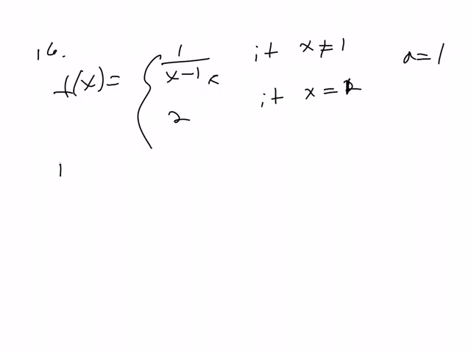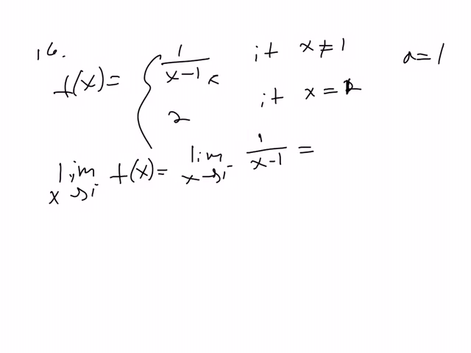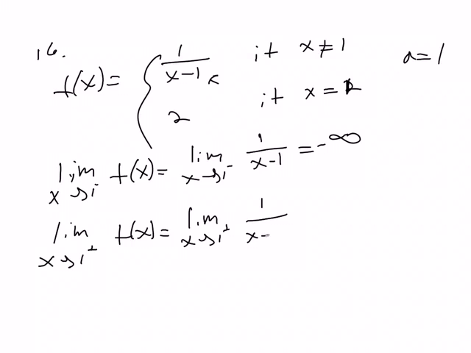The limit as x goes to 1 from the left of f of x is equal to the limit as x goes to 1 from the left of 1 over (x - 1), which is equal to negative infinity, and the limit as x goes to 1 from the right of f of x is equal to the limit as x goes to 1 from the right of 1 over (x - 1), which is equal to positive infinity.